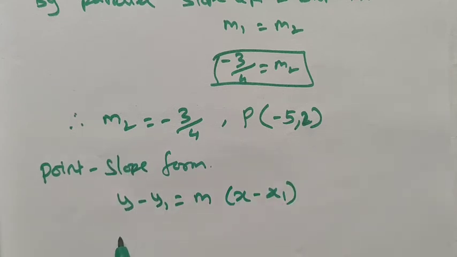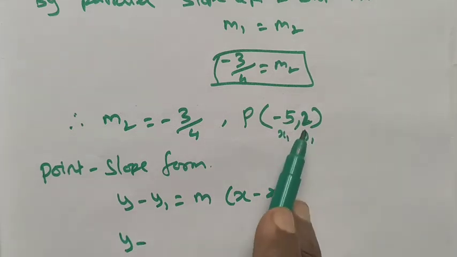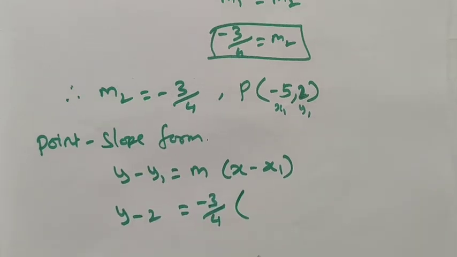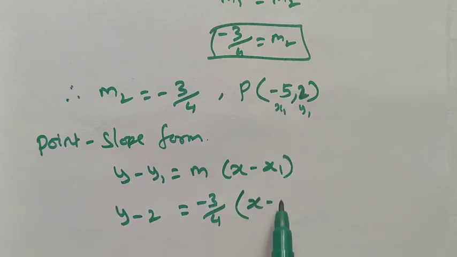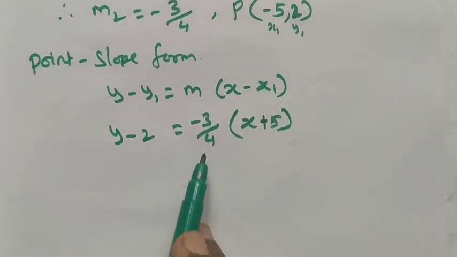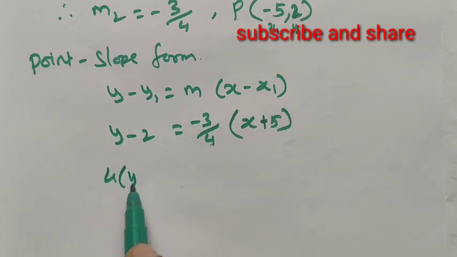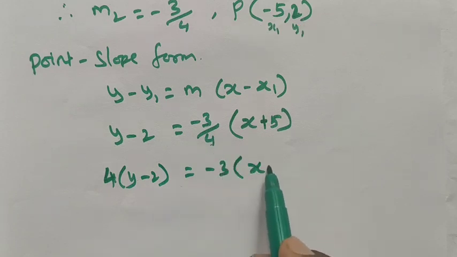Let me take the point as x1, y1. y1 is 2, is equal to the slope m which is minus 3 by 4, and then x minus x1 where x1 is minus 5. Here also we have minus, so minus into minus is plus 5. I directly write the values here. Now take this 4 to this side: 4 into (y minus 2) is equal to minus 3 into (x plus 5).